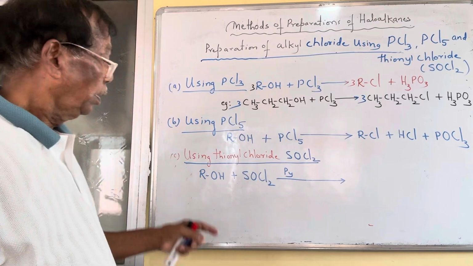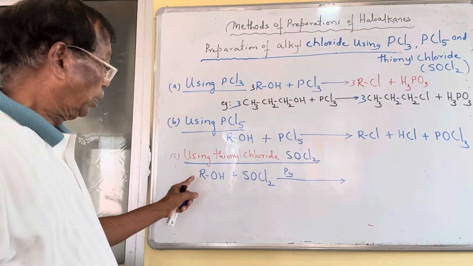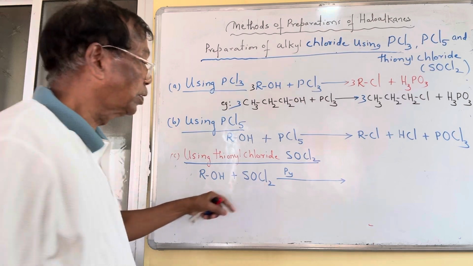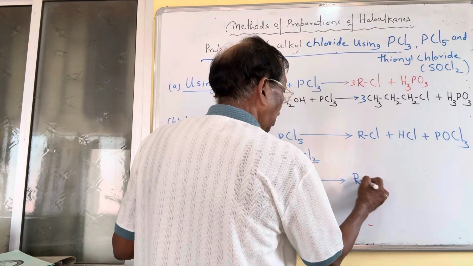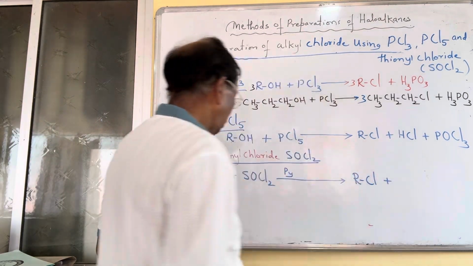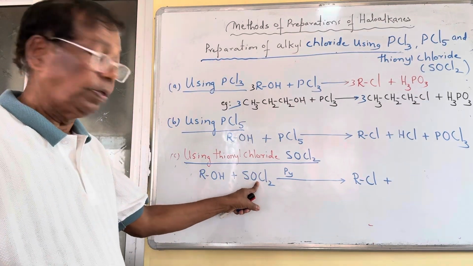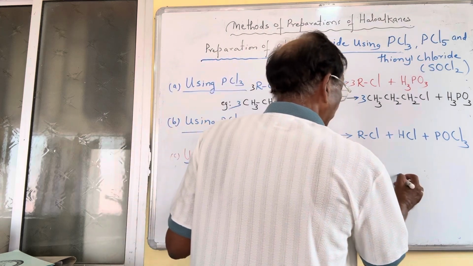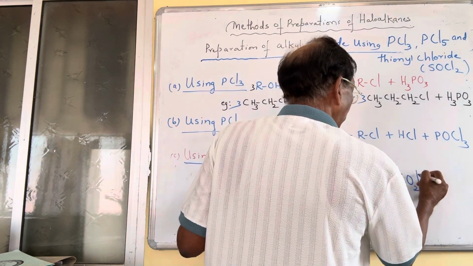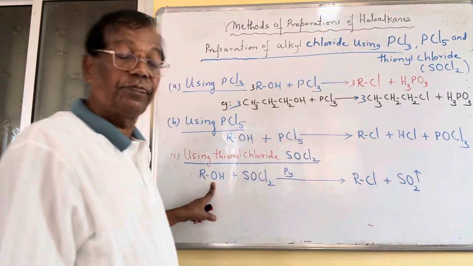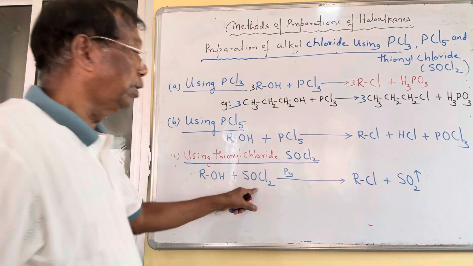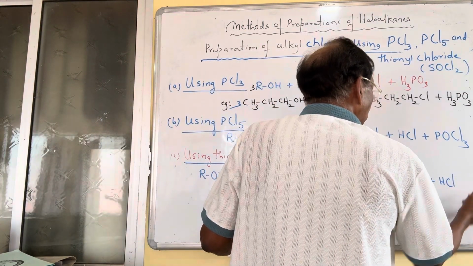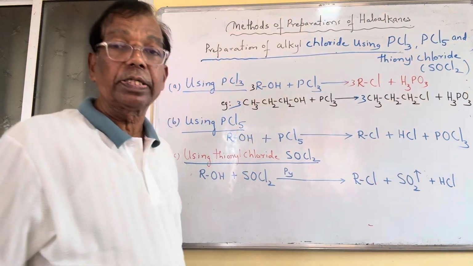Now see the reaction here, R will combine with Cl and form RCl. So what we'll get here will be RCl. And this S and this O will combine and form SO2, sulfur dioxide. I am showing this as a gas, therefore it is going up. H and Cl will form HCl, also in the form of a gas. So what is left here will be alkyl chloride.